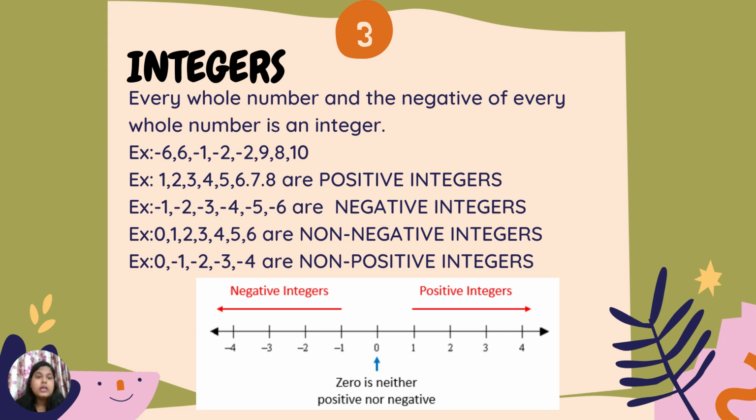Non-negative integers: 0, 1, 2, 3, 4, 5 and 6. Non-positive integers are 0, minus 1, minus 2, minus 3, minus 4. Remember, 0 is neither positive nor negative. So 0 comes in both the category of non-negative integers and non-positive integers.